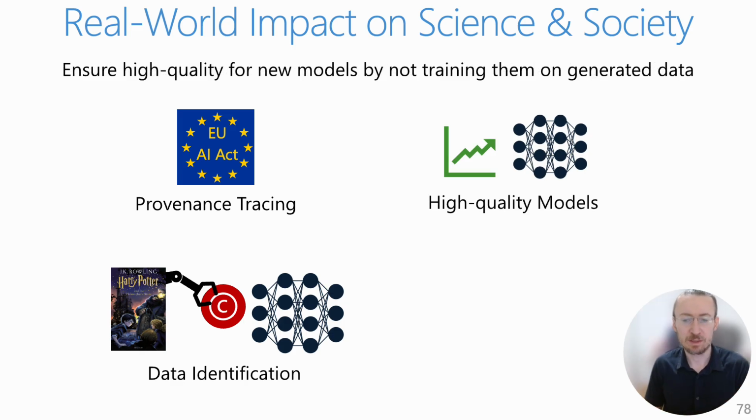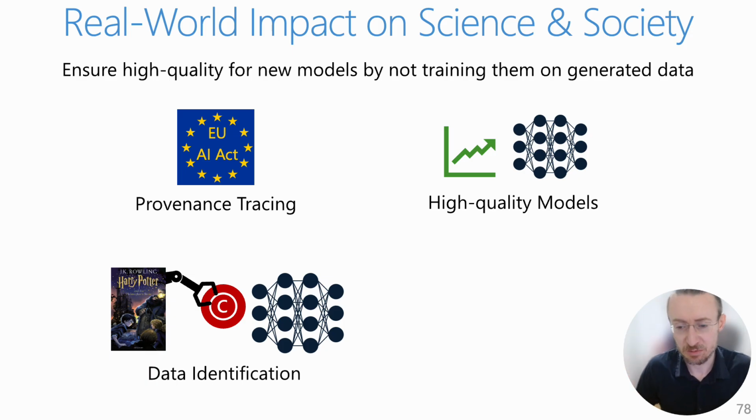What's more, we want to break these data loops. We want to ensure that new models are not trained on generated data, and can increase their quality with diverse generations. This is important. For example, nowadays OpenAI provides many models, and people generate many images and texts from these models and put them online.